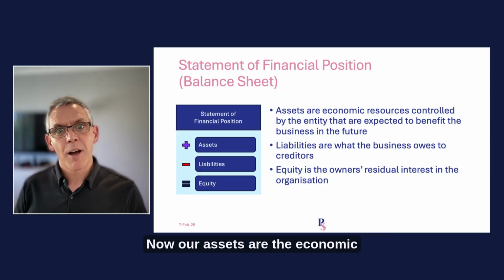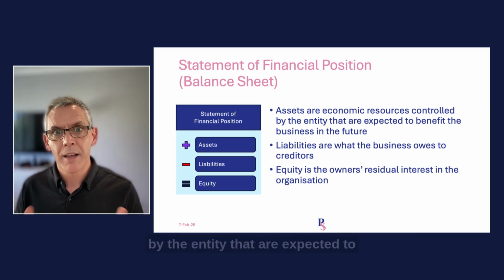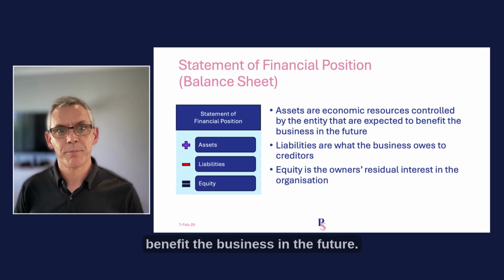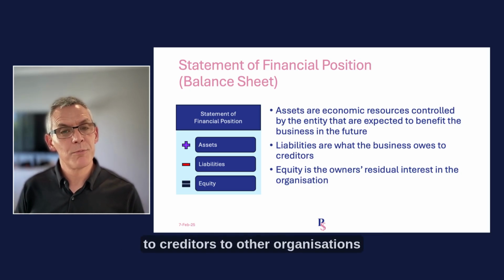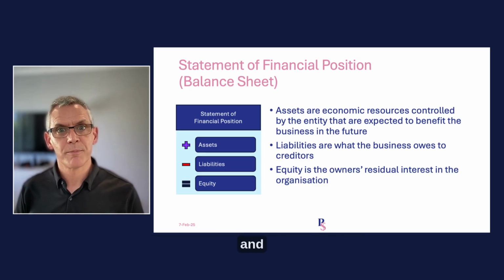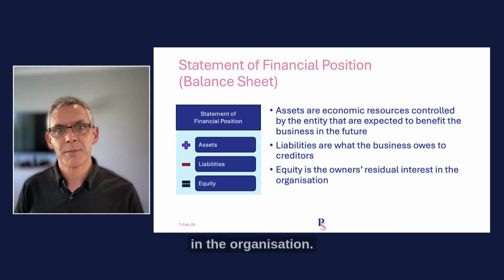Now, our assets are the economic resources that are controlled by the organization or entity that are expected to benefit the business in the future. Our liabilities is what the business owes to creditors, to other organizations. And then the equity is the owner's residual interest in the organization.